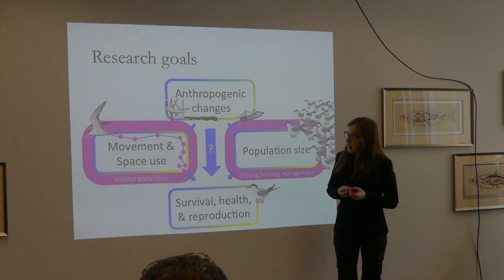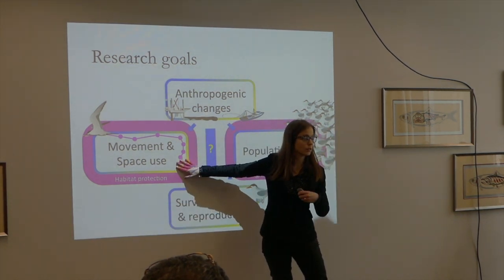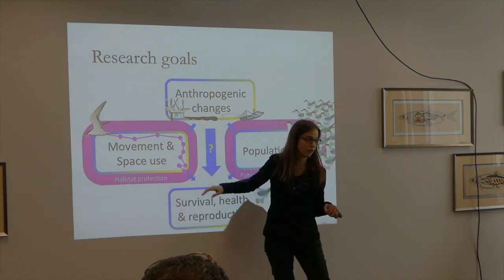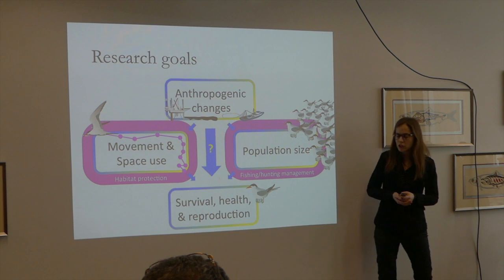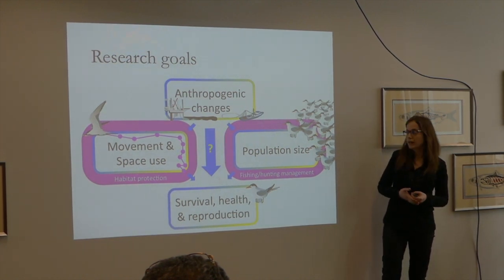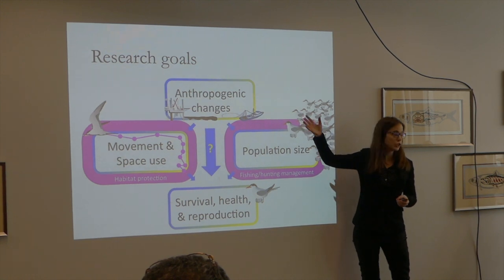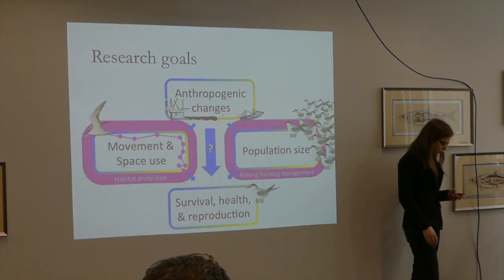So understanding how anthropogenic change affects the space use and habitat use of animals is the first step towards identifying critical habitat to protect. And then of course, if you're managing a population that's hunted or fished, you want to understand how fishing, for example, affects the trends in population size to better manage it.